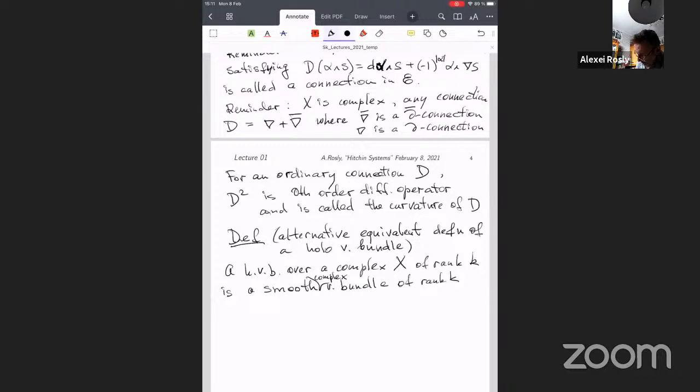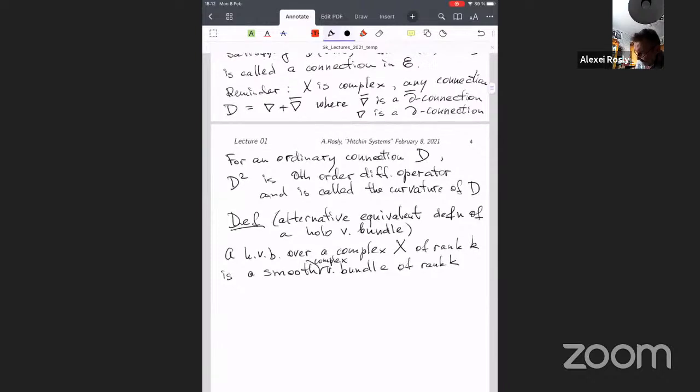A smooth complex vector bundle E of rank K, which means the fiber C^K, endowed with a flat D-bar connection.